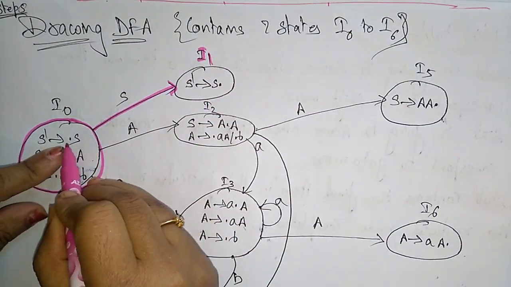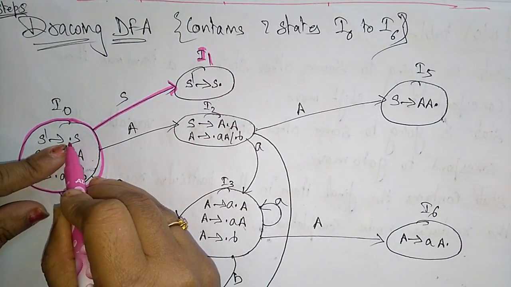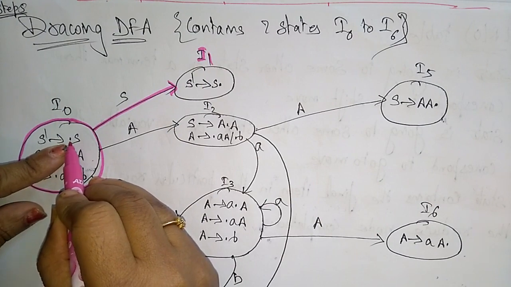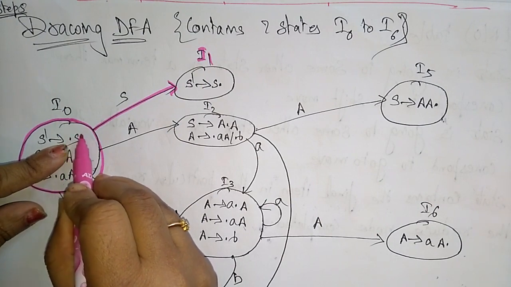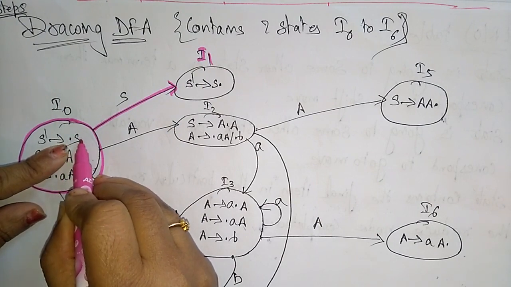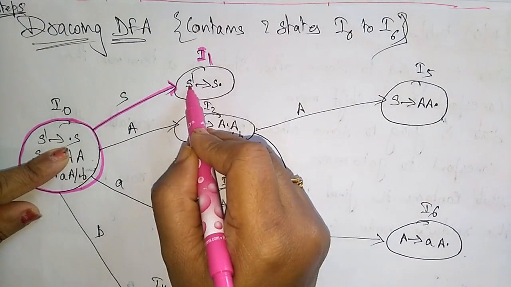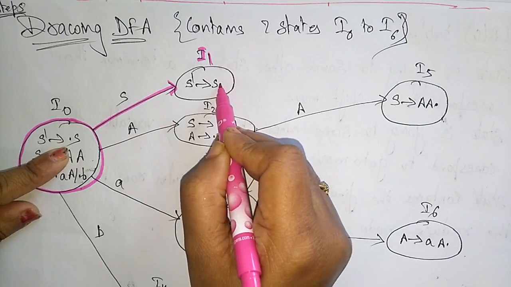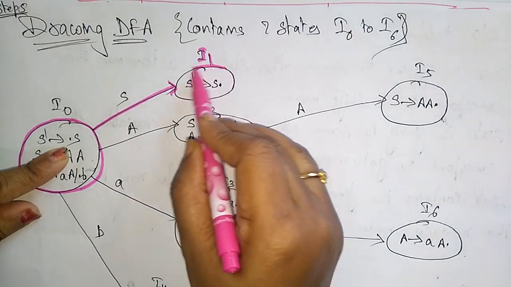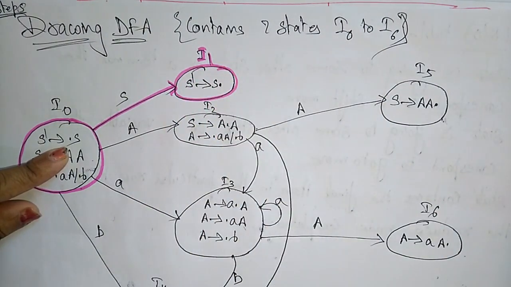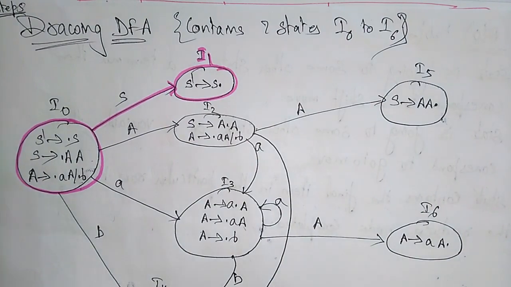Whenever there is a dot in the right-hand side, you just move the dot one position to the right. So on S, S dash tends to S dot. This is the I1 state. Okay, so S is over.